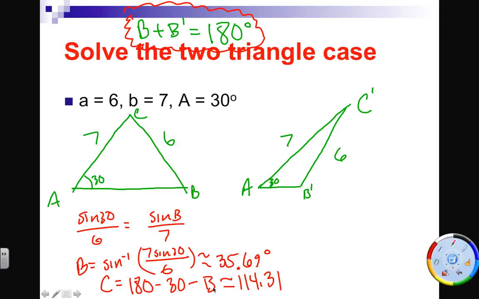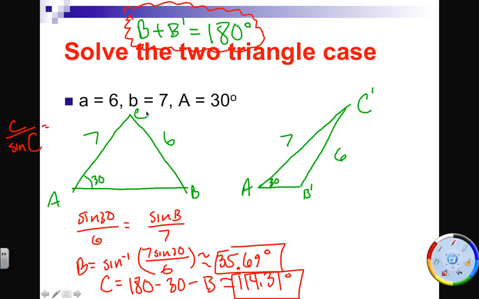And here we got to figure this out. Okay, so that's my angles. Now we got to figure out my missing side, and we're just going to use the law of sines again. Sine of big C over, actually under little c. And I don't want to use a whole bunch of rounded values.